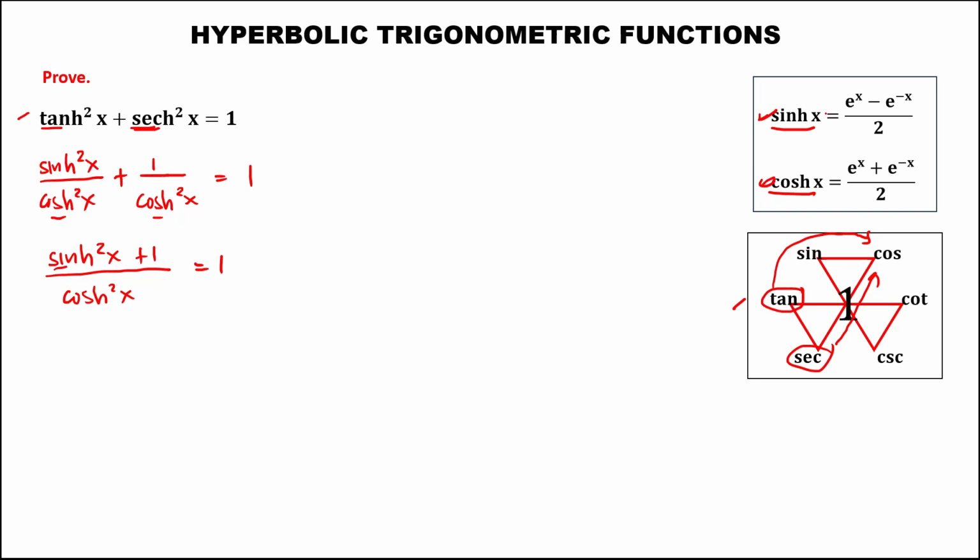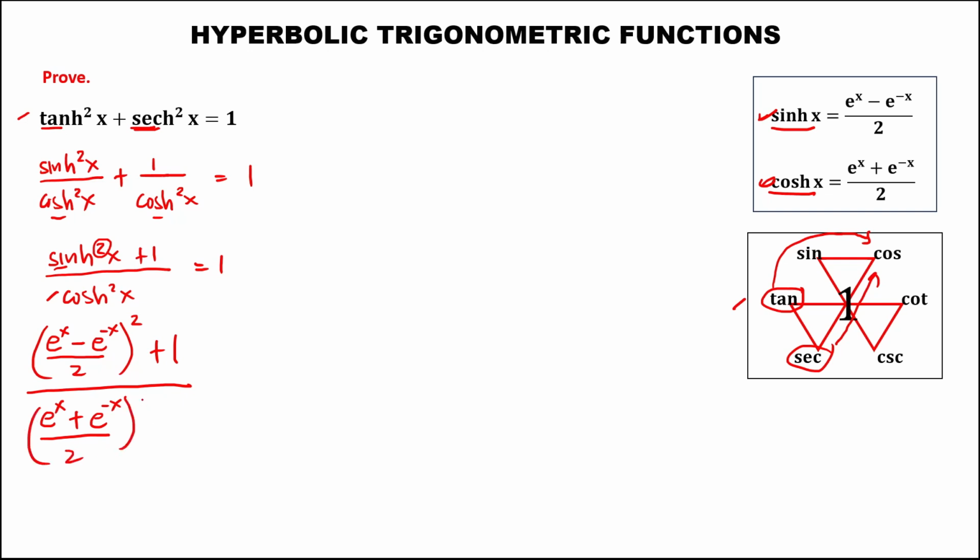For the hyperbolic sine, this is equal to e to the power x minus e to the power negative x, over 2, quantity to the power 2, plus 1, over the hyperbolic cosine, which is e to the power x plus e to the power negative x, over 2, quantity to the power 2. Then again, this is equal to 1.